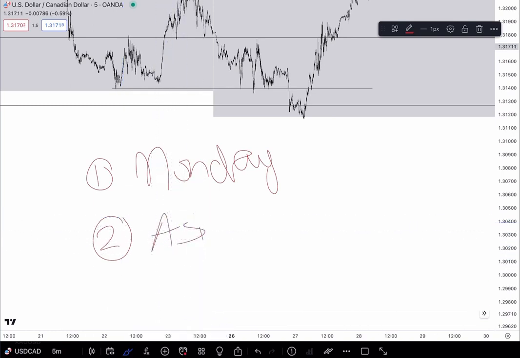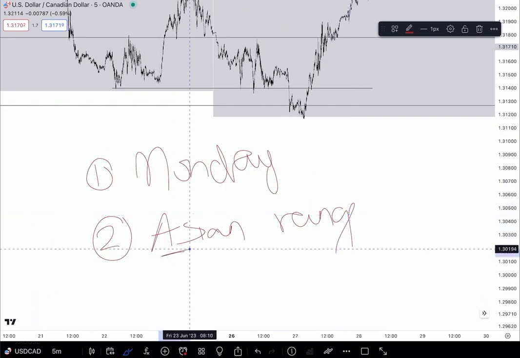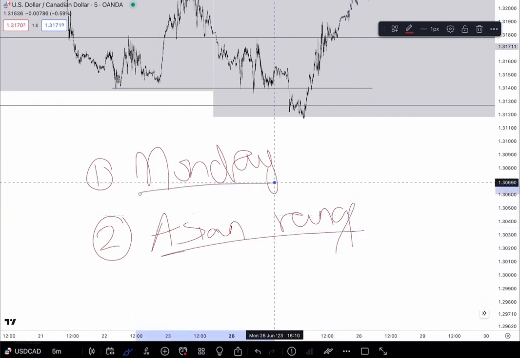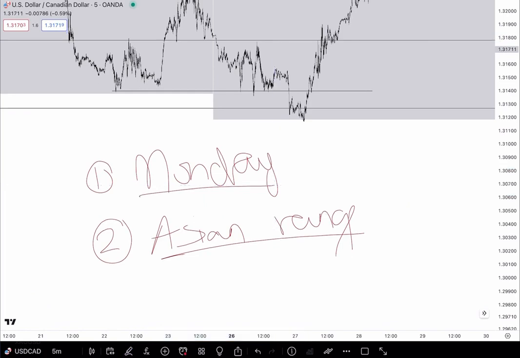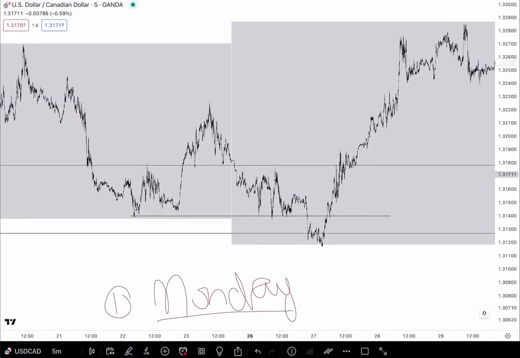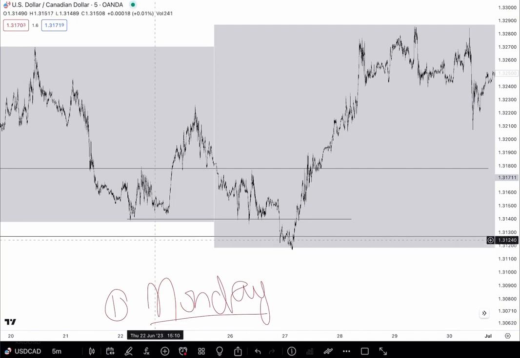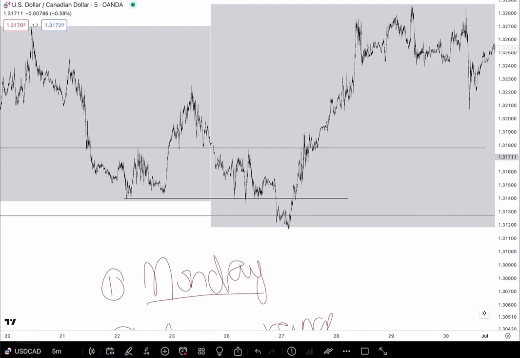The Asian range high to low. Right? This is the previous week's candle. We are below a liquidity pool. We're expecting a bottom to form, right?